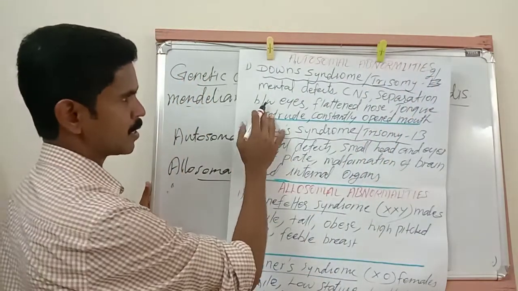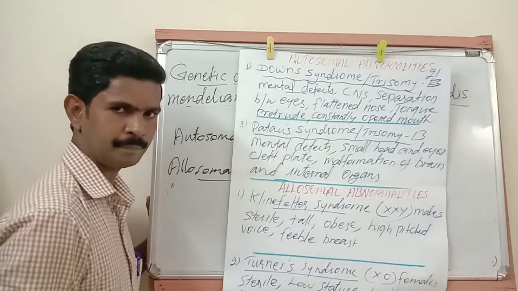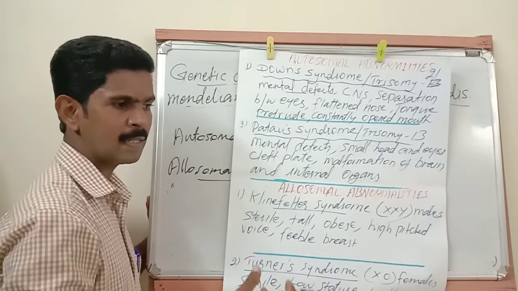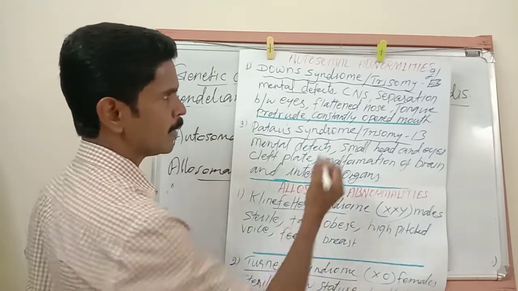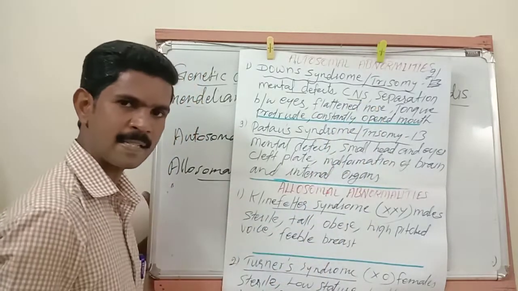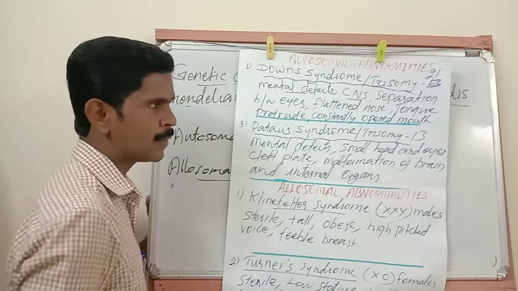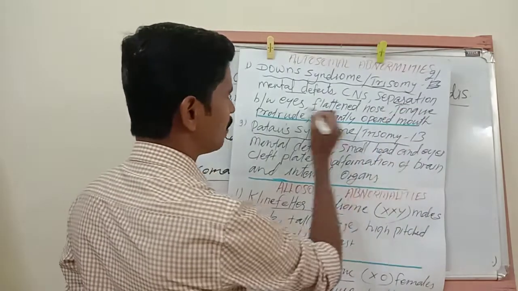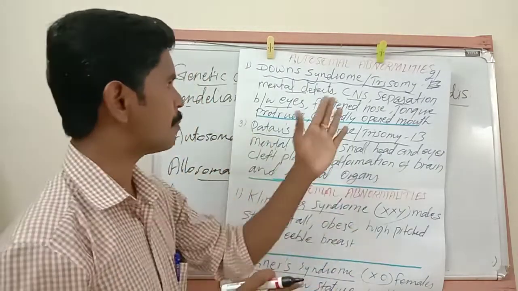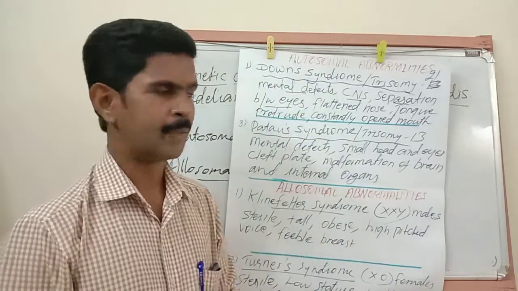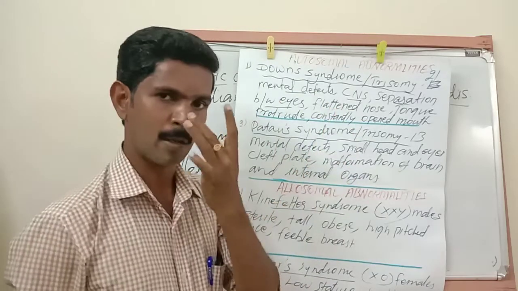Then the symptoms: mental problem. The affected person is affected with some mental problems. Then the central nervous system is damaged, second symptom. Third one is increased separation between the eyes. The space between the two eyes is increased. Then the next symptom is a flattened nose.